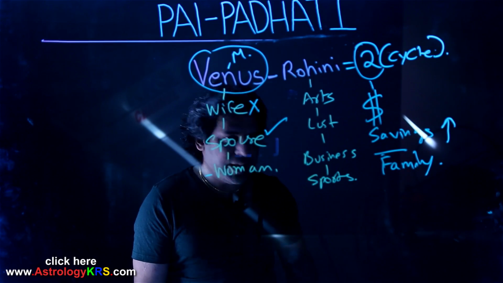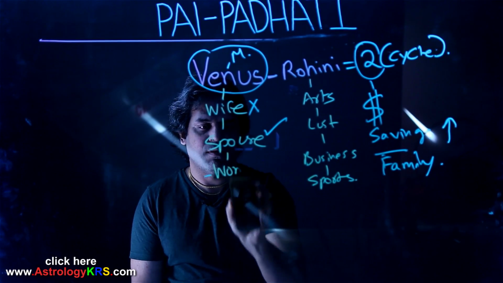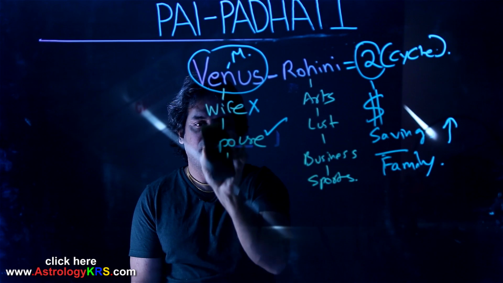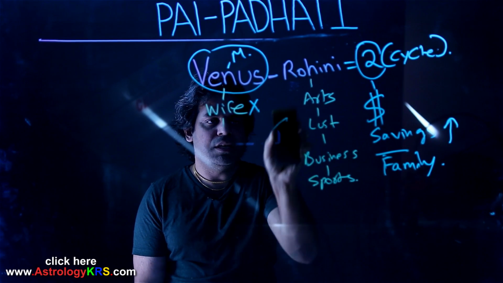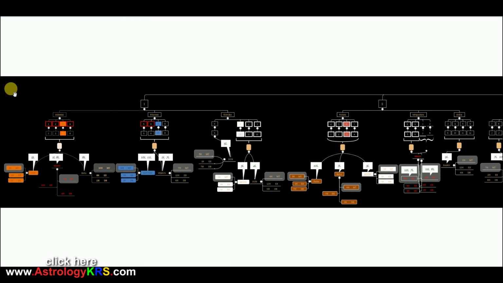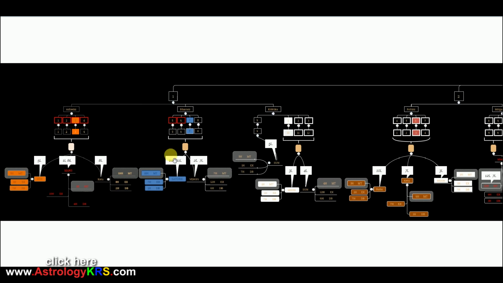Okay? So then, I can even go a little bit deeper. This is the actual Pai Padhati map that Dr. Pai sent to me. So I'm going to scroll so you can all see what this is. Remember cycle 1? This is cycle 1. These are the 3 nakshatras.